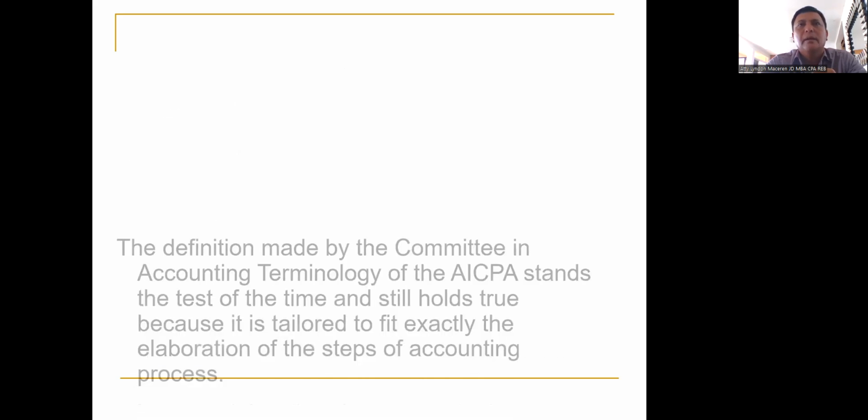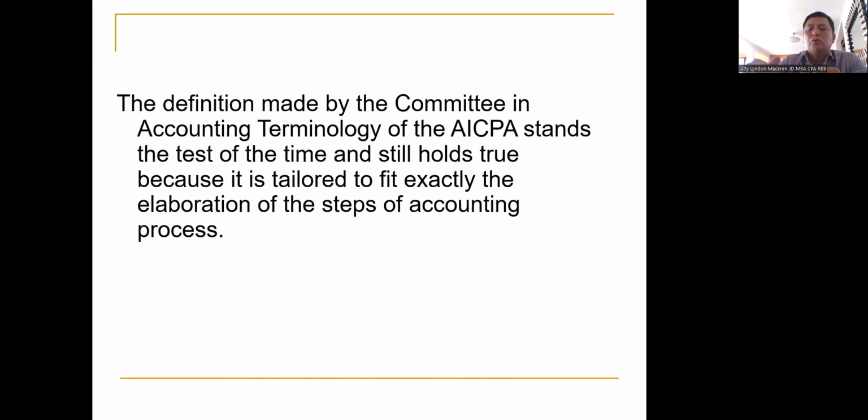So which definition could be the most suitable? As far as the book is concerned, it says that the definition made by the Committee on Accounting Terminology of the AICPA stands the test of time and still holds true because it is tailored to fit exactly the elaboration of the steps of the accounting process.